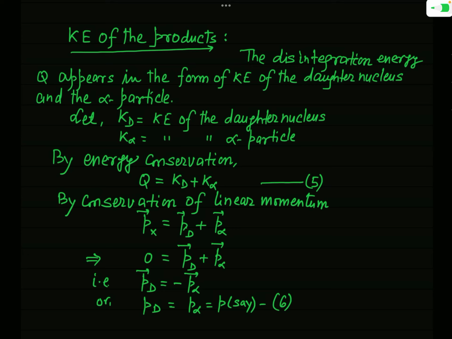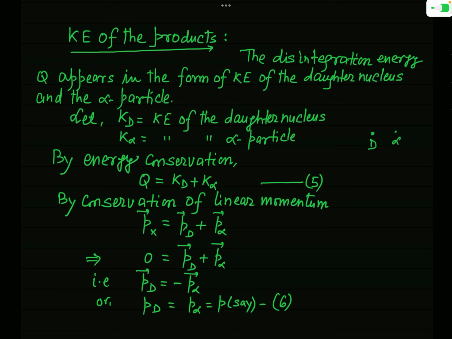Now, the Q value of the process is the energy evolved in this process, and that released energy is actually shared by the disintegration products. You can see in this alpha decay process there are two disintegration products. One is the daughter nucleus and another is the alpha particle.